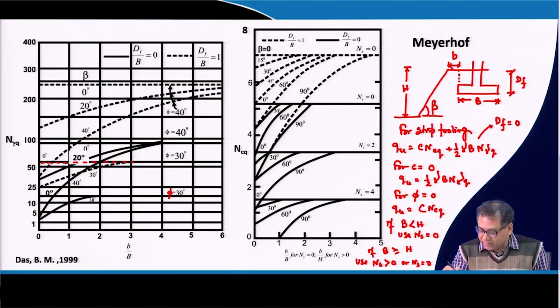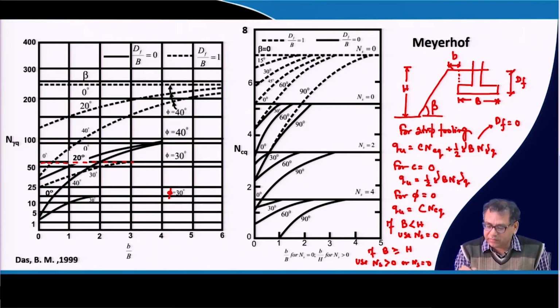Suppose B is the width of the foundation and H is the height of the slope. Now, if the width of the foundation B is less than the height of the slope, then you have to use Ns equal to 0. That means these dotted lines only.